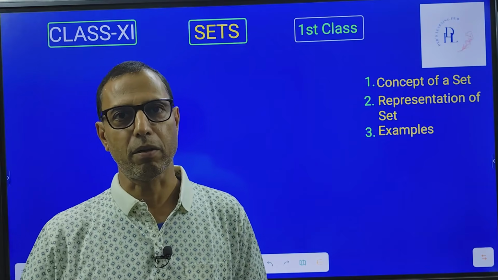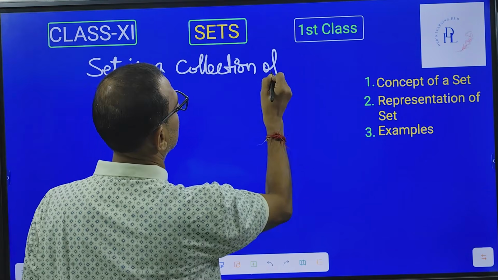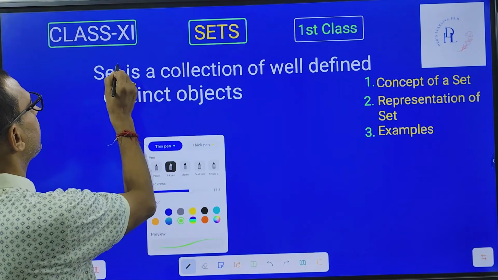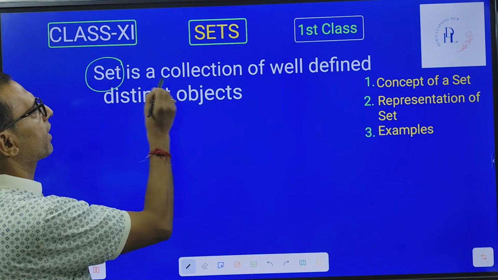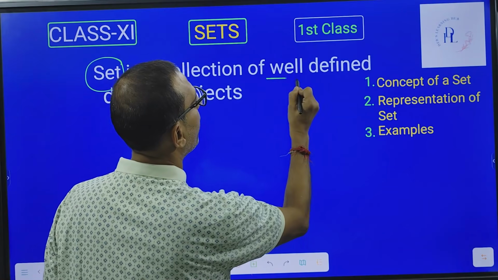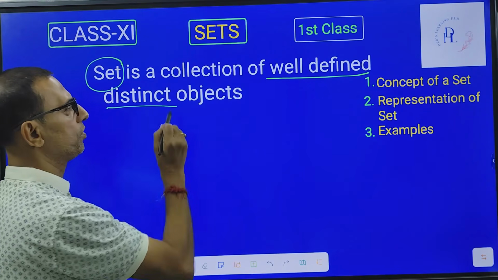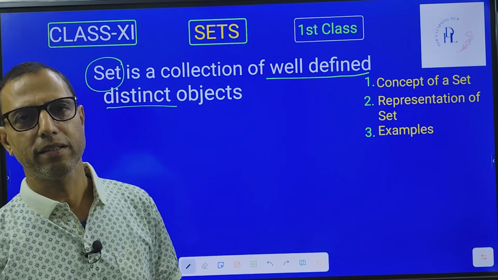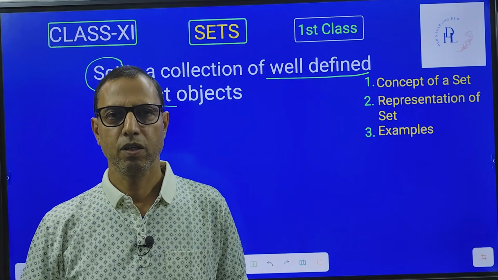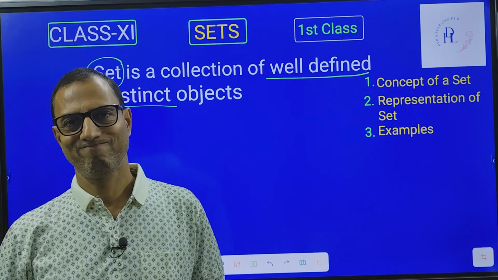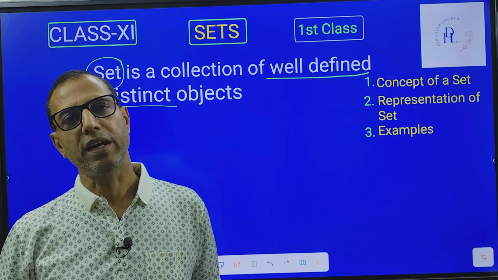Let's have an example. A set is a collection of well-defined distinct objects. What does it mean by that? For example, all big cities in India. Is it well defined?